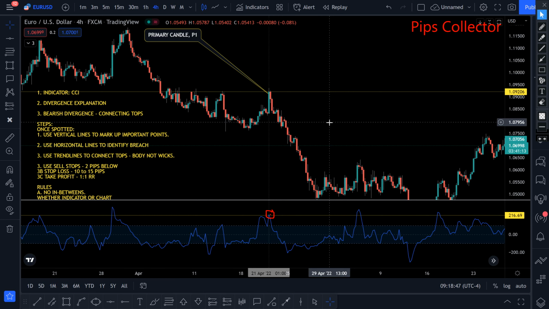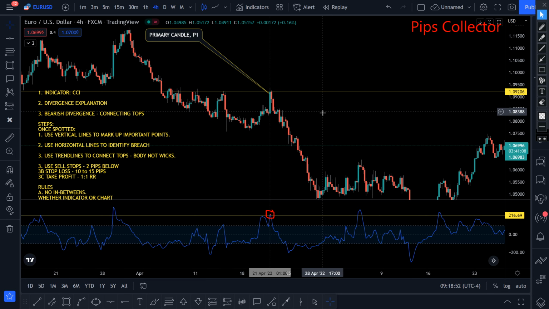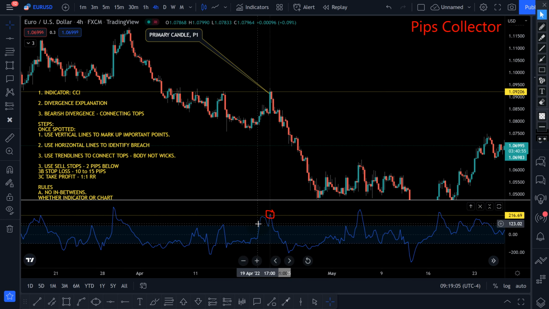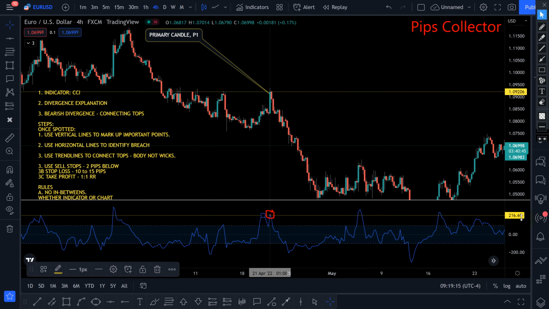So what I would suggest for newbies is, instead of jumping and opening a trade, you place a price alert here. You come to the indicator, you place another price alert at this particular spot, which is 216.69. One alert here, one alert here.